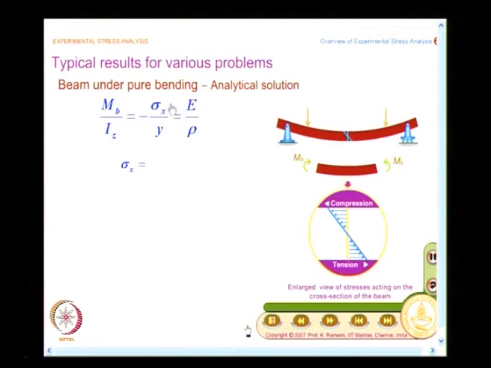And when you come to the second term, you also have a sign attached to sigma x. This is minus sigma x divided by y. Why this is so is, the sign convention adopted is, on a positive surface anti-clockwise moment is taken as positive, and for a loading like this, the top fiber of the beam is subjected to compression, to indicate that you have a negative sign.